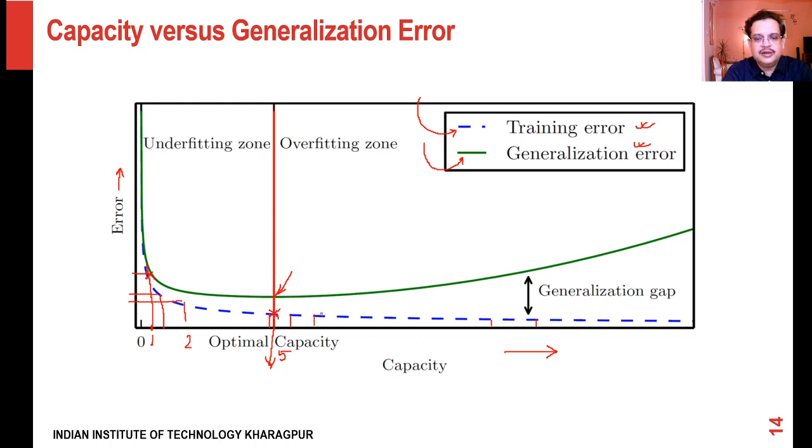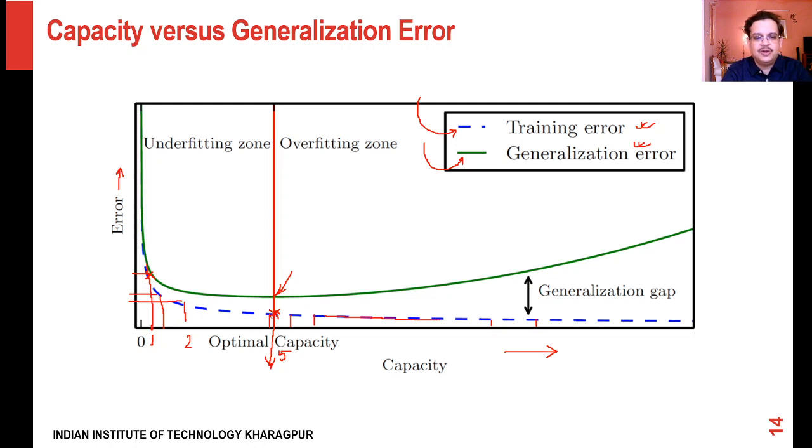Now let's understand a few things. Why is the training error still dipping as we increase the capacity? The data has some amount of noise. At the optimal capacity, if we stop there, then we accept the deviations that we still have.